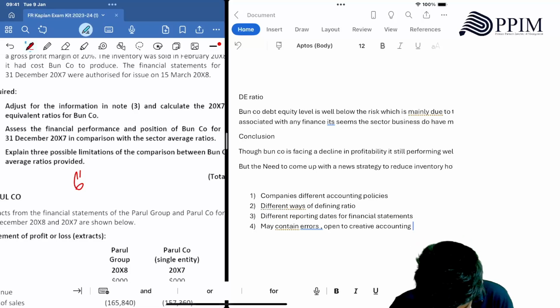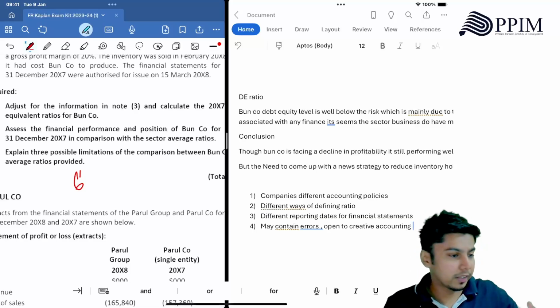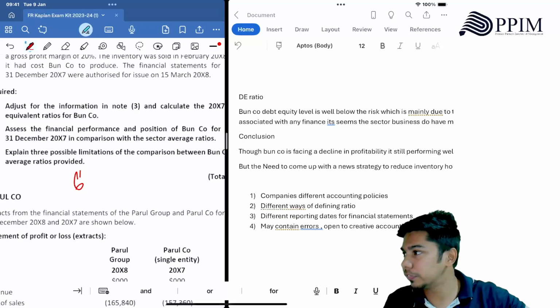So guys, with that one, we have now finished off our first ratio question.